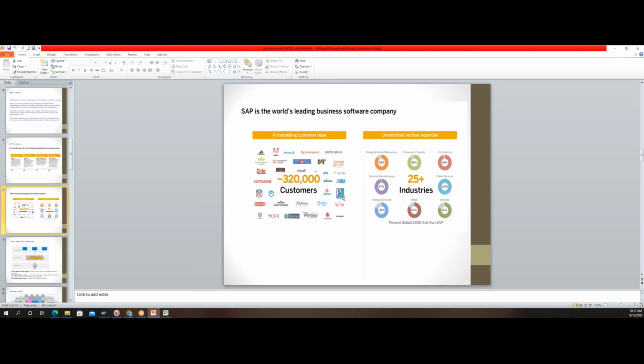So do we understand the meaning of an industry? Industry is nothing but your telecom industry, automobile industry, fast moving consumer goods, FMCG industry, pharmaceutical industry. So these are all the industries. Every industry is a different ball game.